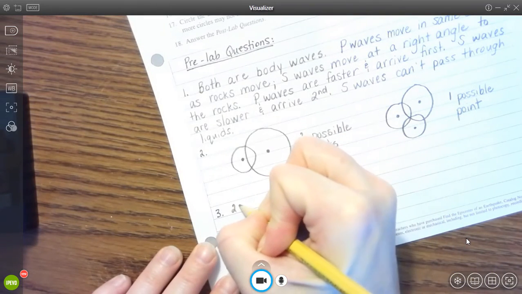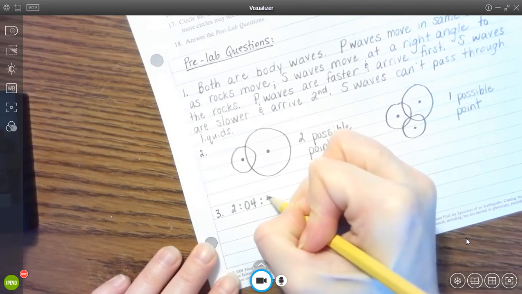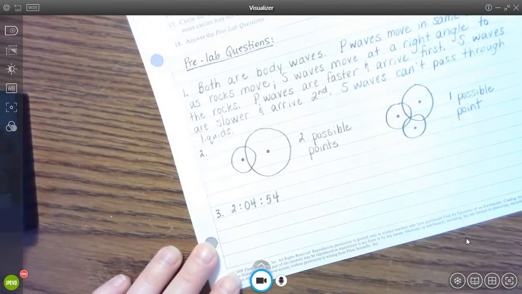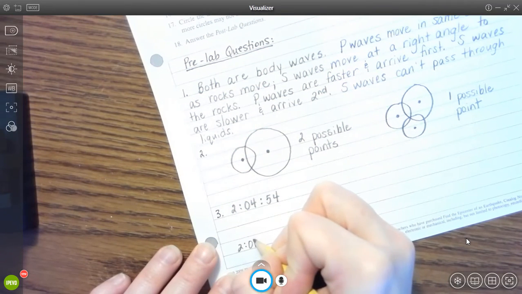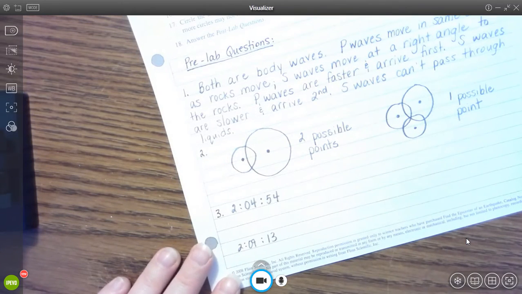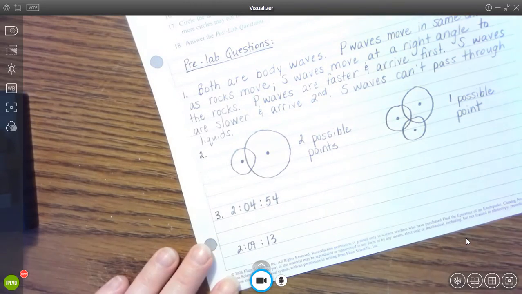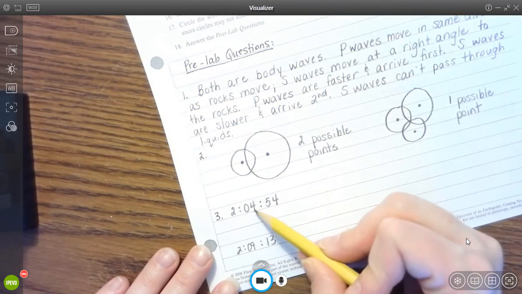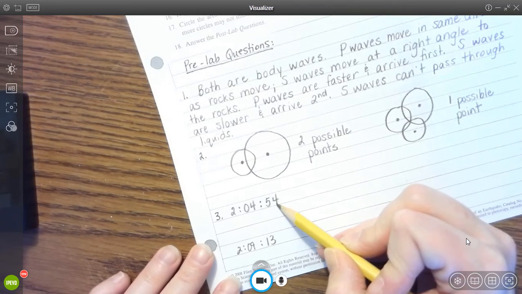So when I do this, I write down my two arrival times, 2:04:54 and 2:09:13. And then instead of trying to subtract, I start with the first time and I count up. So if I started with 2:04:54, how many seconds would I need to add to get to 2:05?